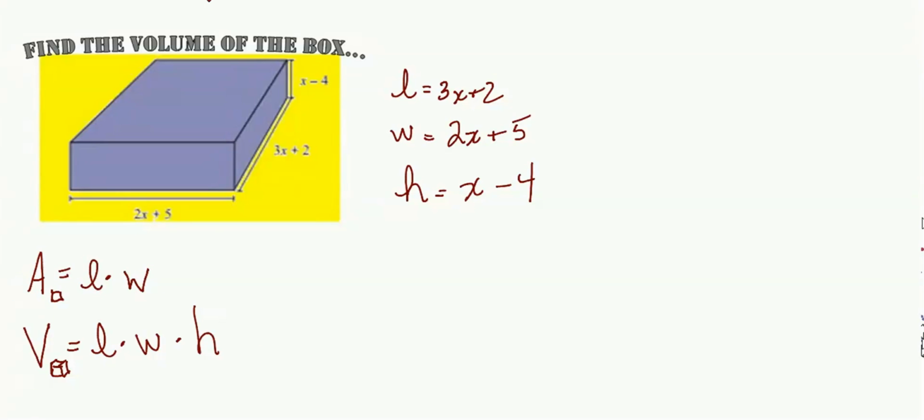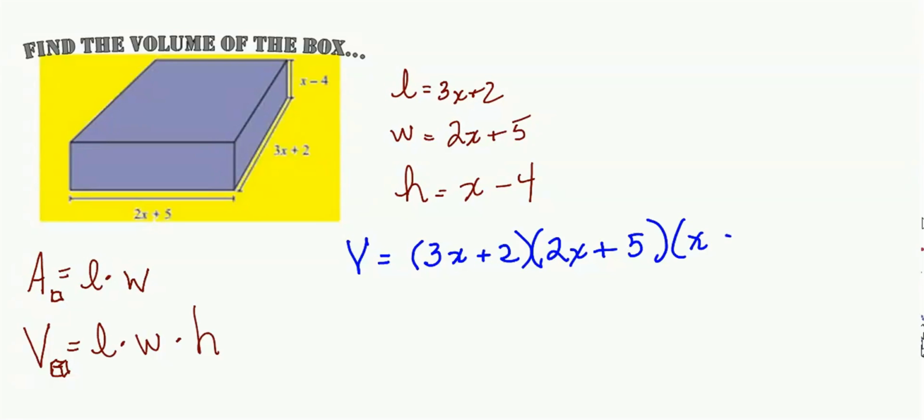We're just going to multiply these guys together. So volume of this object will be these 3 binomials multiplied. 3x plus 2 times 2x plus 5 times x minus 4.